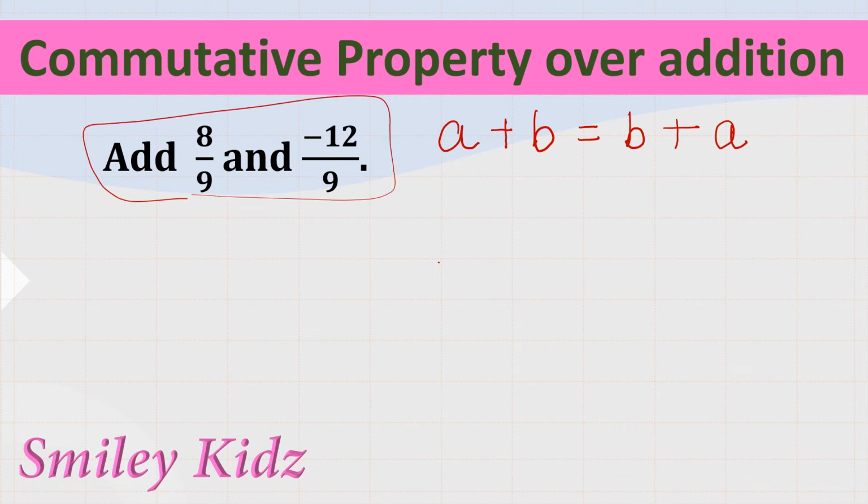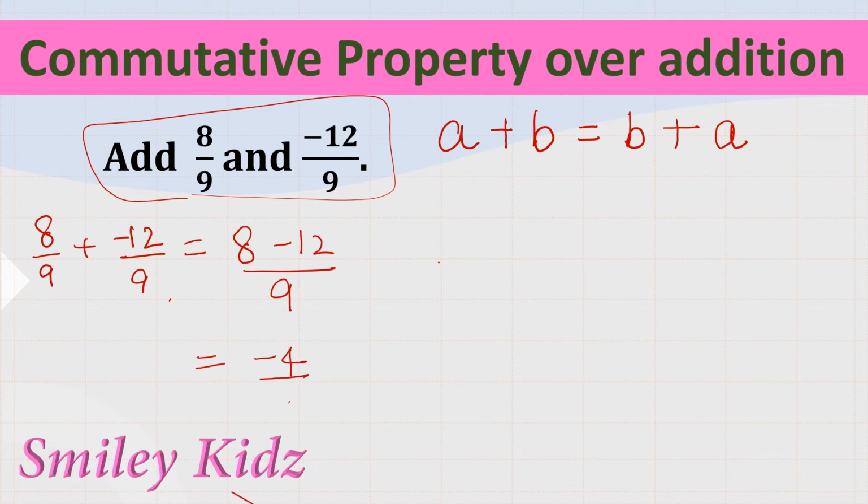Add 8 by 9 and minus 12 by 9. 8 by 9 plus minus 12 by 9 is equal to 8 minus 12 by 9. 8 minus 12 is minus 4. Minus 4 by 9. So when we add a plus b, we got minus 4 by 9. What about b plus a? Let's solve and check.